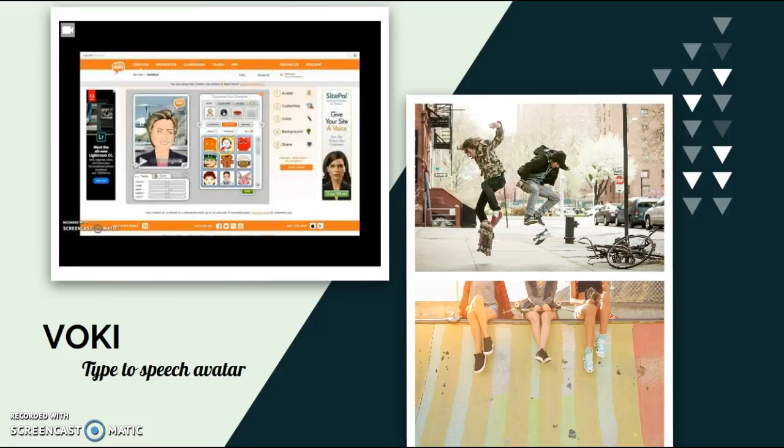Next, I would like to talk about Voki. Voki is a text-to-speech avatar. It can be used in various ways in the classroom, and Voki adheres to the ISTE standards for students using this.